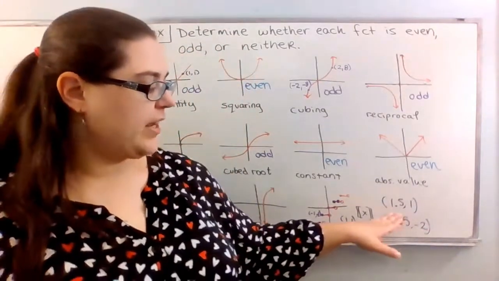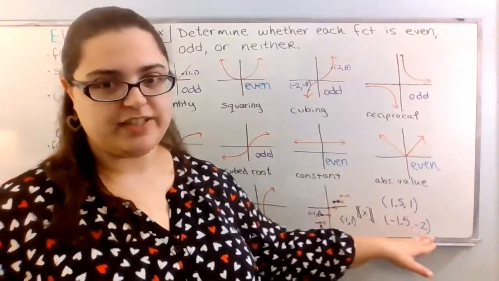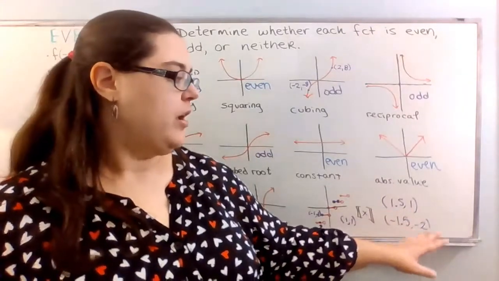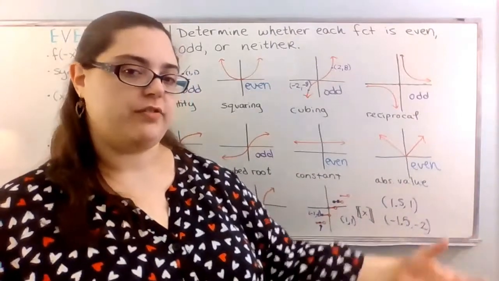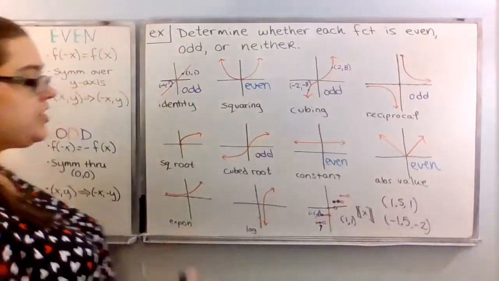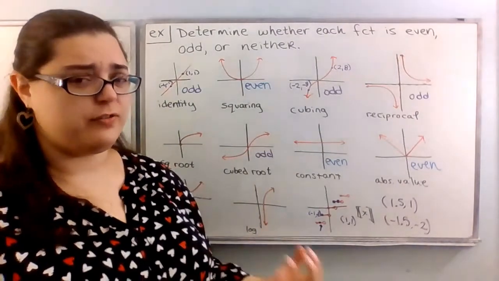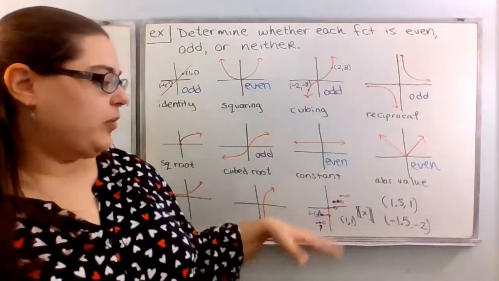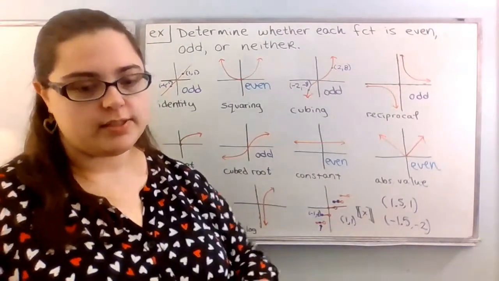So I have an x, y value, but I don't get -x, -y. I get -x and something different. So it's not enough just to check one or two points. You really have to be able to justify it for all. Using these ordered pairs can help you establish that symmetry if you have difficulty visualizing it, but you want to make sure that you can appropriately justify that symmetry for all points.